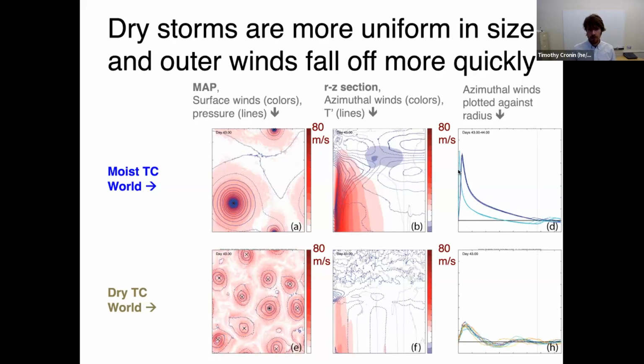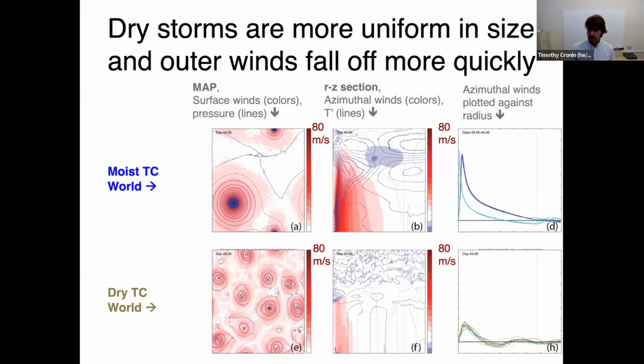But individual storms can look pretty different from one another. This is showing this small storm with a small radius of maximum winds, which is actually just as intense in max wind speed as this bigger storm over here, shown in blue and dark blue. In the dry tropical cyclone world, on the other hand, all the storms pretty much look the same. All of these different X's that correspond to tracking different storms have wind radius relationships that look similar to each other.